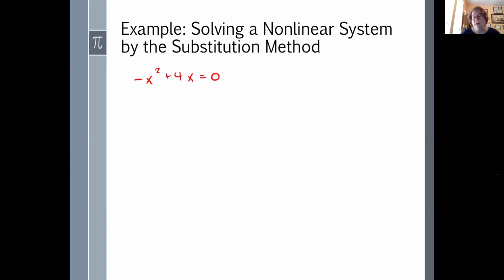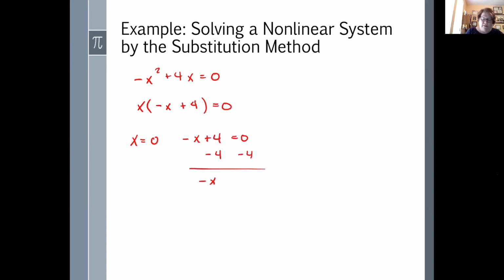And the only thing I can do here is factor out an x. So I'm going to do that. Make sure I did that correctly by distributing the x back across the stuff inside the parentheses. Negative x squared plus 4x. So I'm good to go. Now I have it factored. I'm going to set each factor equal to 0 from the zero product principle. Subtract 4 from both sides.